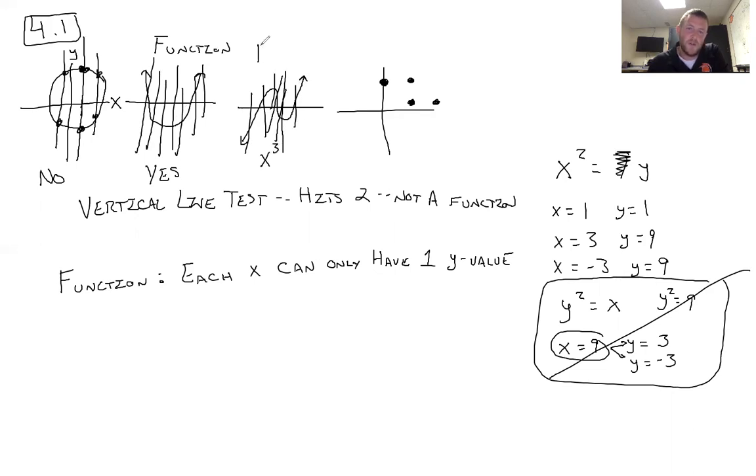So this is a function. And this one, okay, even points. See how I draw the line right here and it hit it twice? So this is not a function.